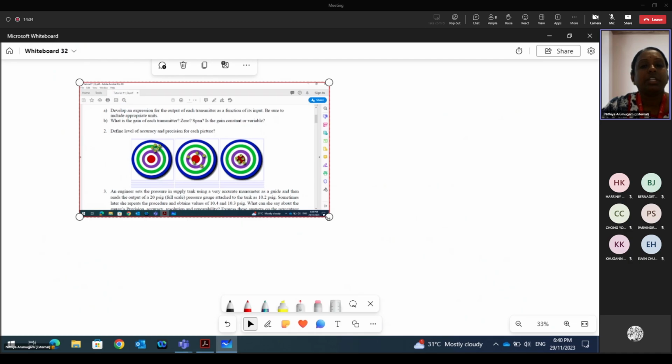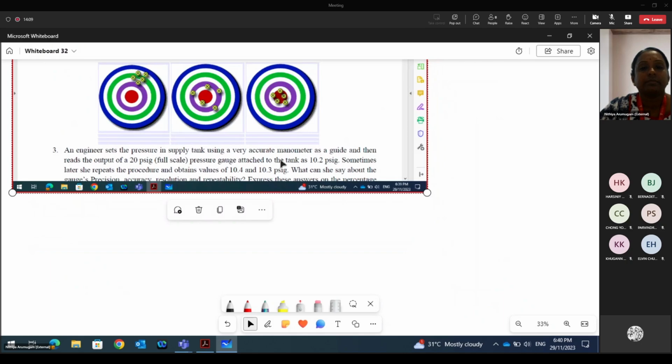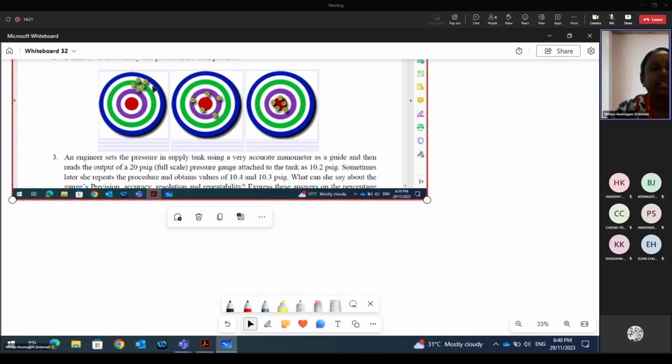Okay, so if you notice the first figure here, the points are very near to each other but far from the center, and here very close to the center and far from each other, and here close to each other and also close to the center.